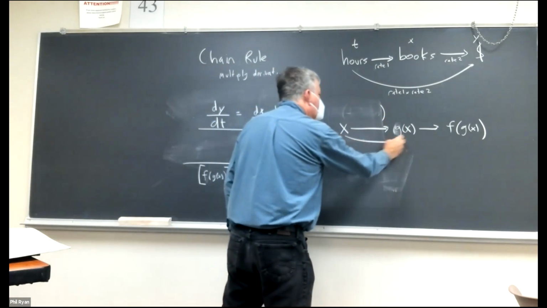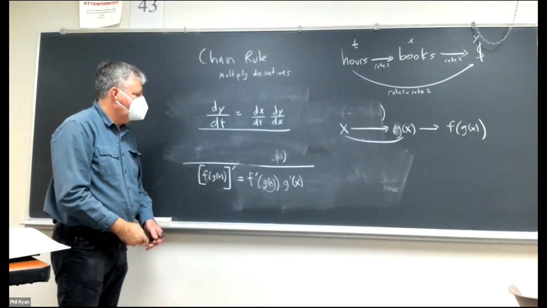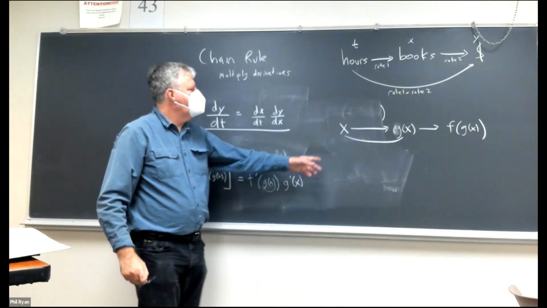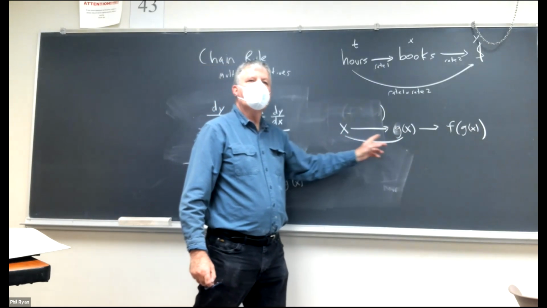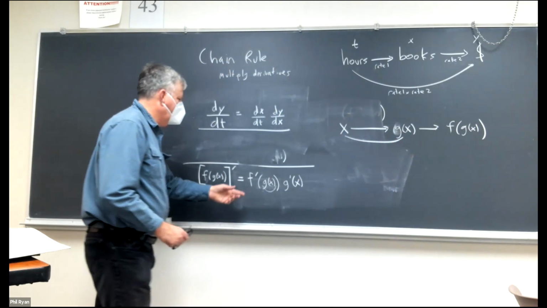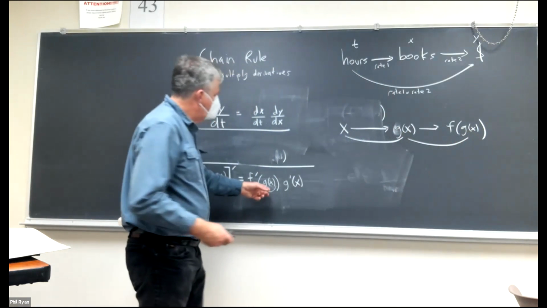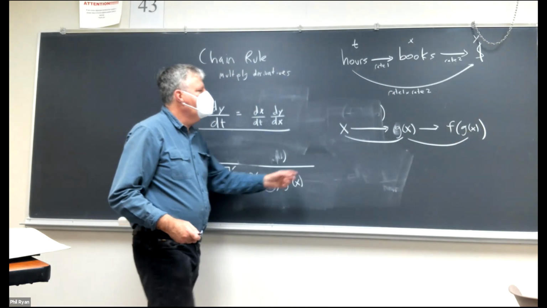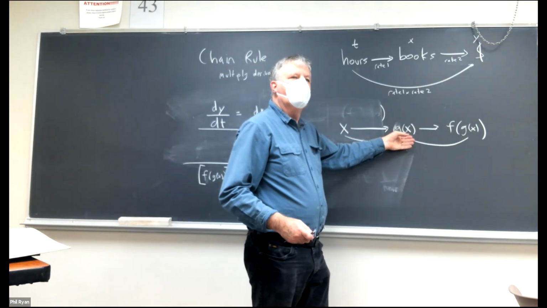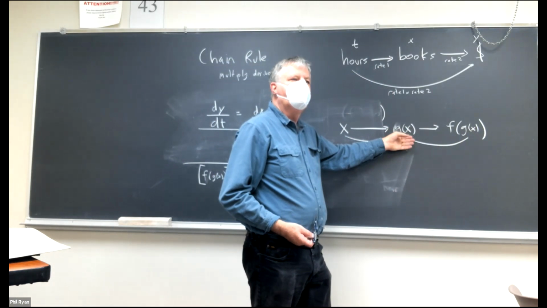This is the rate of change here. g prime of x is the rate at which x gets turned into g of x. This is this rate of change here. And the reason why we have to have g of x in here is because that's where we are in the chain.